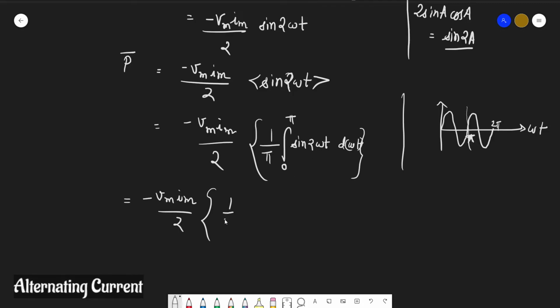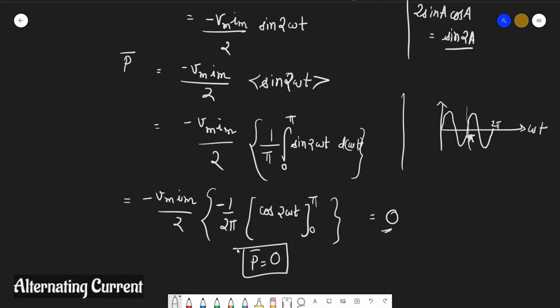So 2 will come outside, and minus will also come. So minus I can write outside cos 2 omega t, and the limits are from 0 to pi. So you can see cos 2 pi is nothing but 1, cos 0 is nothing but 1. So 1 minus 1 will be 0.